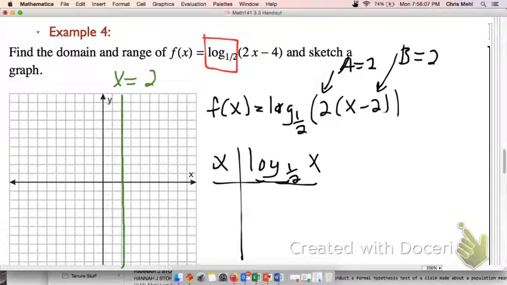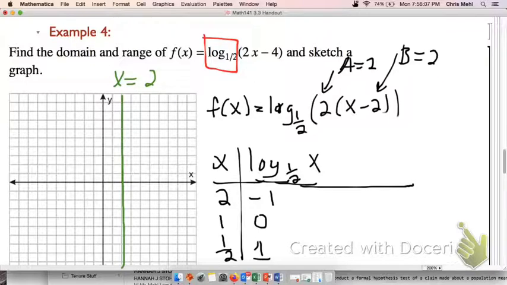When x was 2, the log was -1. When x was 1, the value was 0, and when x was 1/2, the value of the log was 1. And now, oh, I should have done this in the other direction. Let me remake my table.